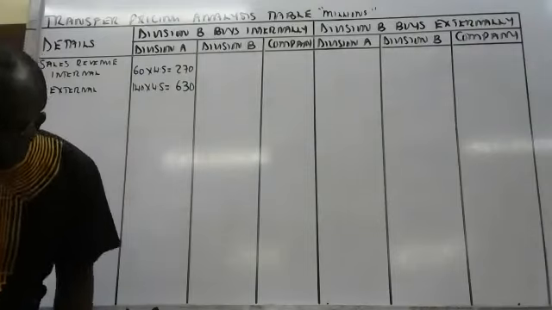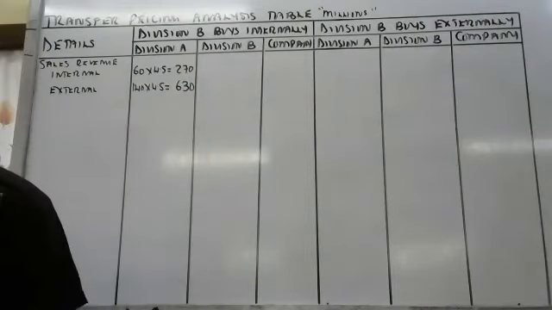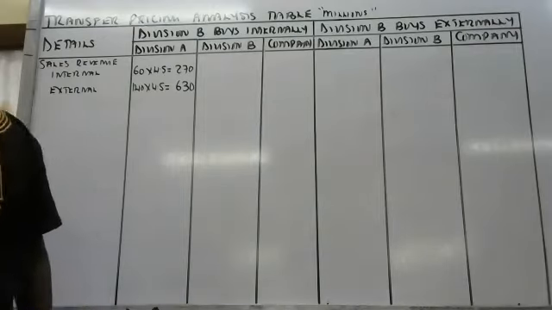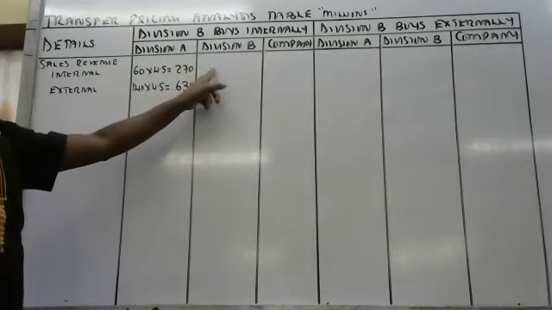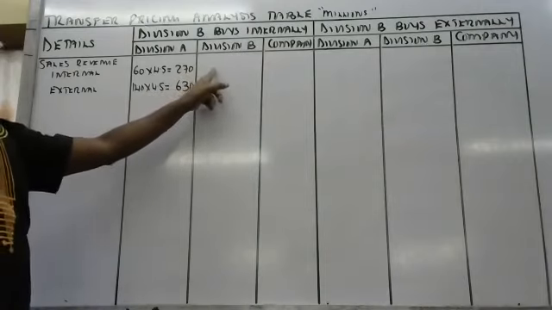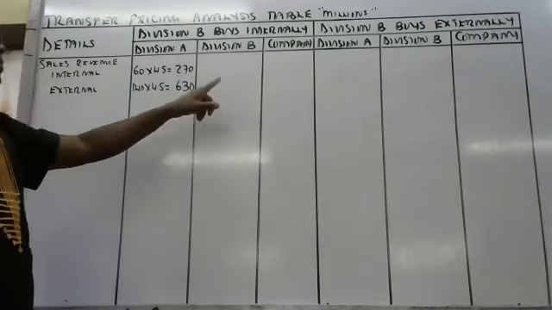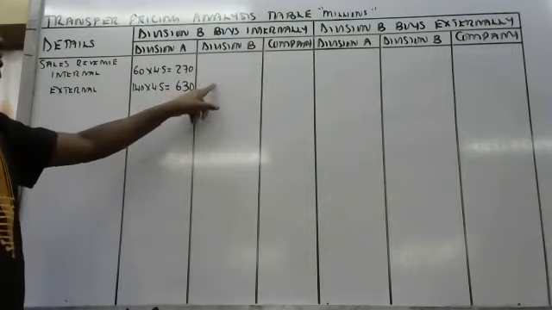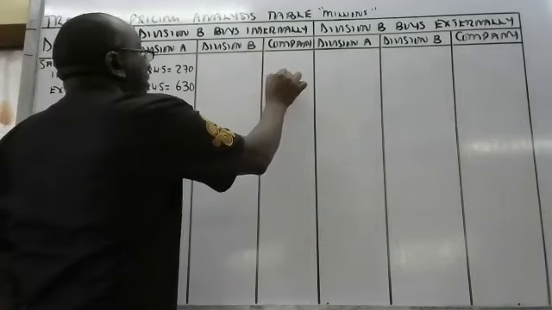Now we are not told how much division B is selling the product at after they got it. We are not told. So this internal will not affect B because B is the receiver, and it will also not affect the company. And similarly, this external is not affecting B, but it's going to affect the company. So we bring 630 there.